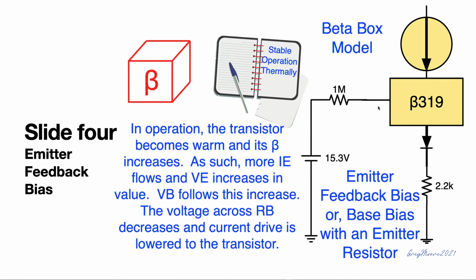So the base tracks the emitter 0.7 volts higher, being a NPN transistor that we're working with. The voltage across RB has to decrease if the voltage on the base increases. We've got a fixed potential there of 15.3, so the voltage across RB decreases and the current drive gets lowered to the transistor.